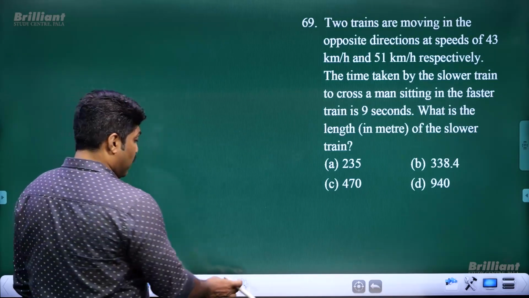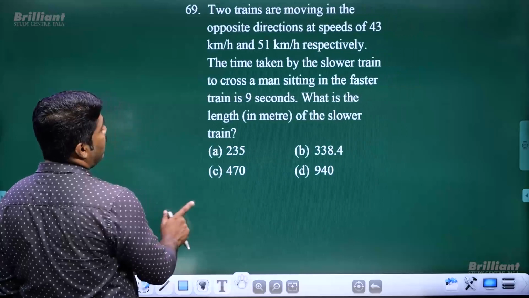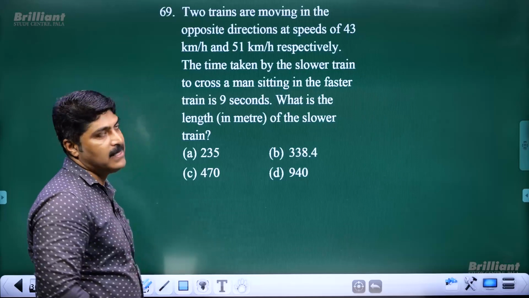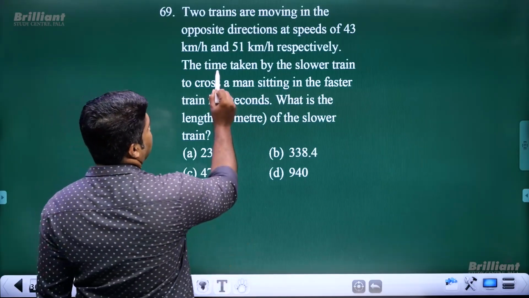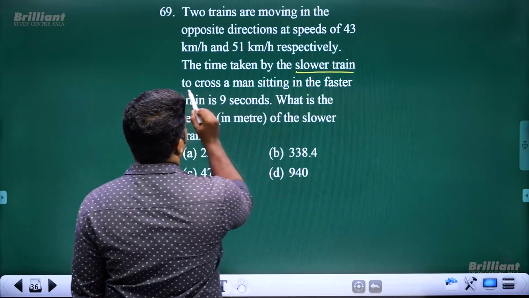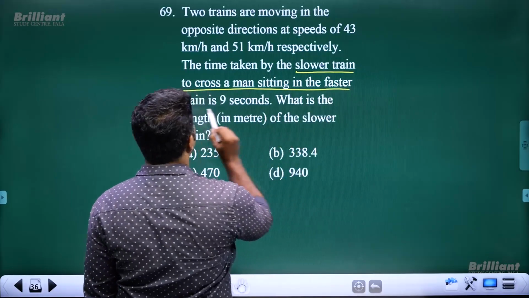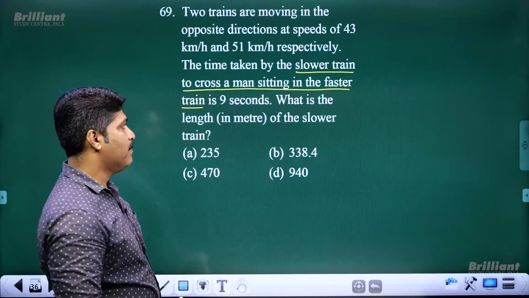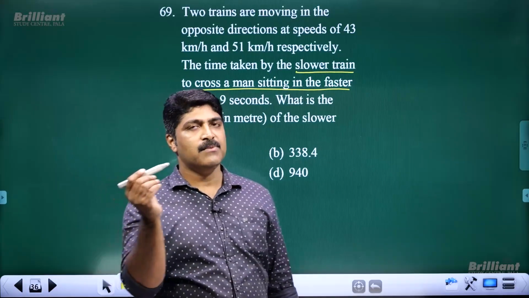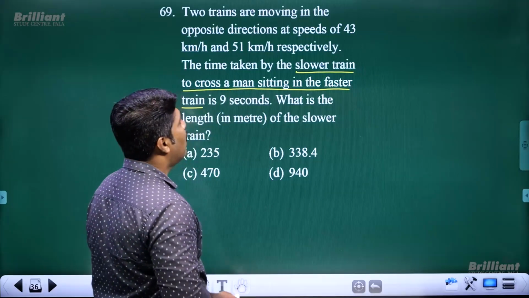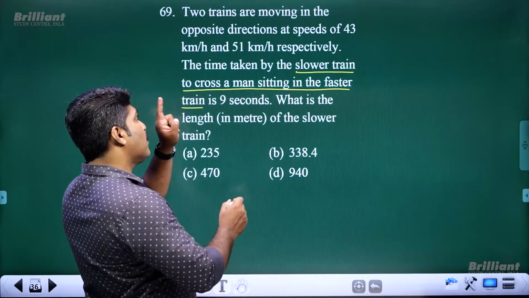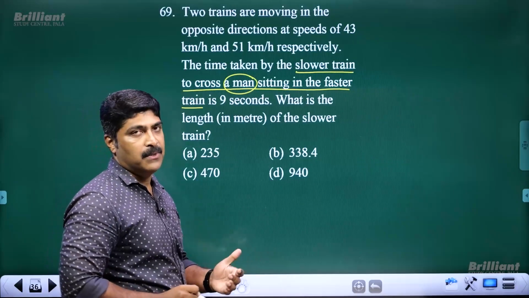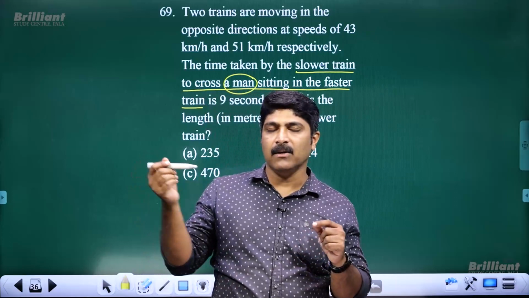In this context, first you have to identify what we are actually going to find out, or what distance is covered in this activity. Here, the time taken by the slower train to cross a man sitting in the faster train. The slower train is moving, so how long will it take to cross a man sitting in the faster train? That means the slower train is not entirely crossing the faster train.